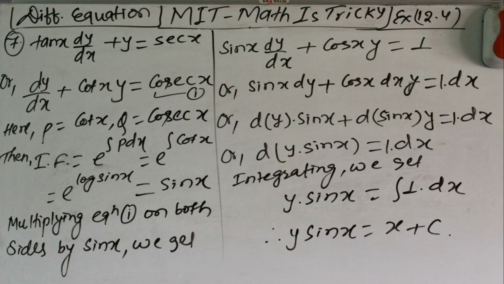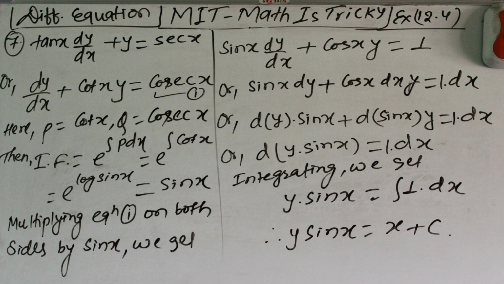Question number 7 is tan x dy by dx plus y equals sec x. So by dividing both sides by tan x, we get dy by dx plus cot x y equals cosec x.